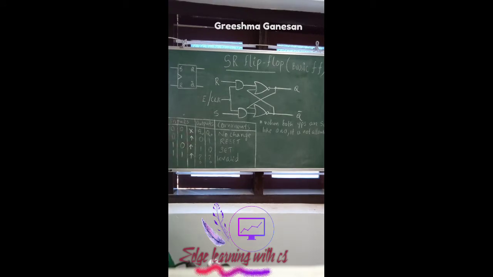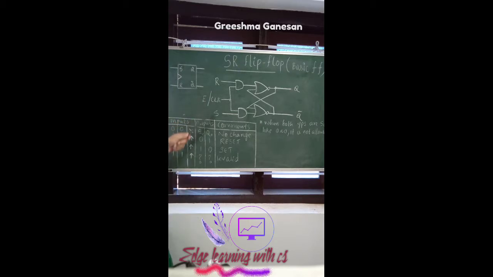Then we can go to the detailed truth table. In this truth table, we have three inputs: S, R, and the clock. We also have two outputs.